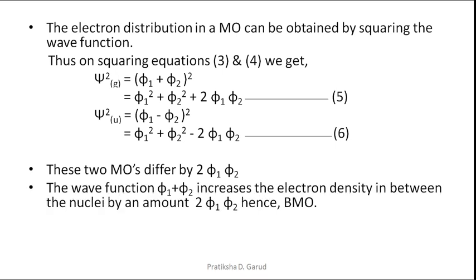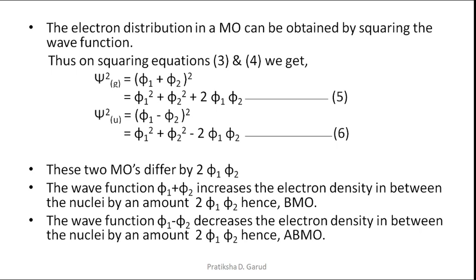The wave function phi 1 plus phi 2 increases the electron density in between the nuclei by an amount 2 phi 1 phi 2, hence it is known as the bonding molecular orbital. Whereas the wave function phi 1 minus phi 2 decreases the electron density in between the nuclei by an amount 2 phi 1 phi 2, hence it is called the ABMO. So phi 1 plus phi 2 is known as BMO and phi 1 minus phi 2 is known as the ABMO.